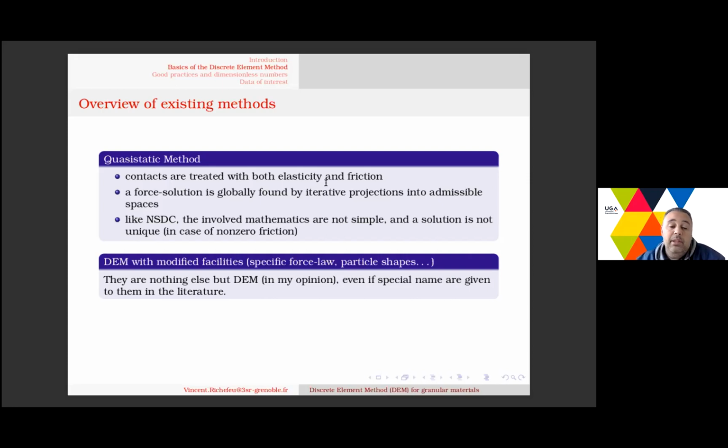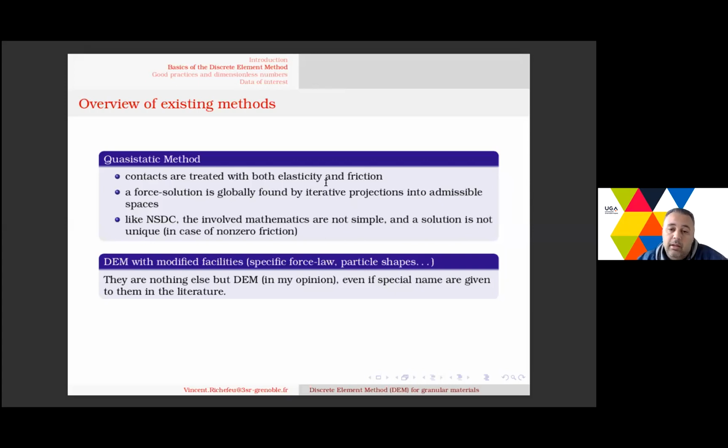So one more time, this method is very difficult to handle, but in some situations we would prefer this method, in particular to explore the set of possible solutions in elasticity and also with plasticity.